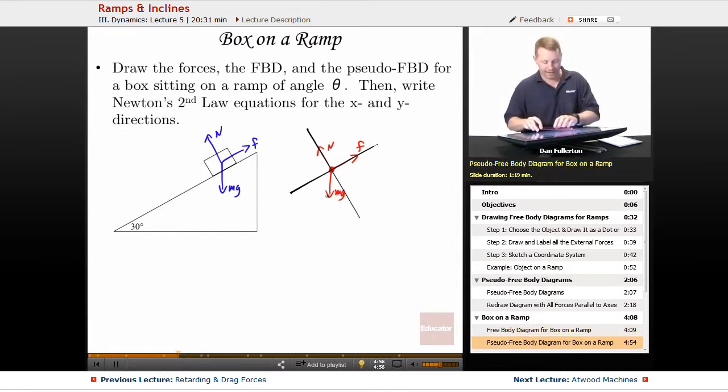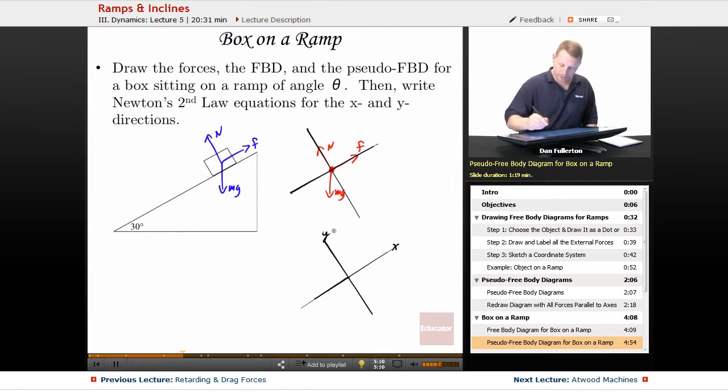And separately, again, separate diagram, can't emphasize that enough, our pseudo-free body diagram. X, Y. There we go.